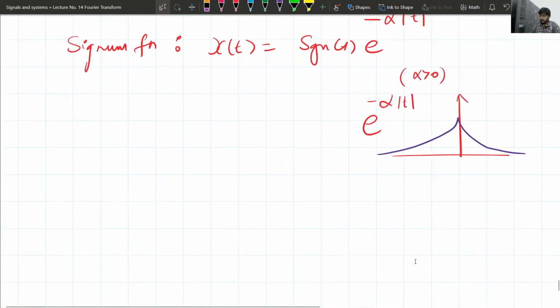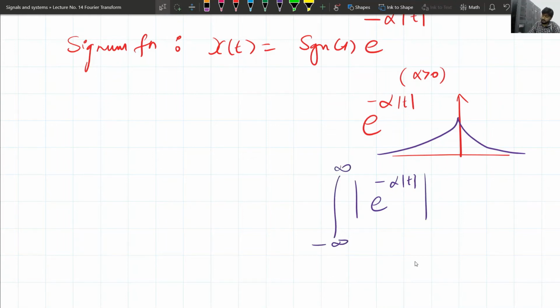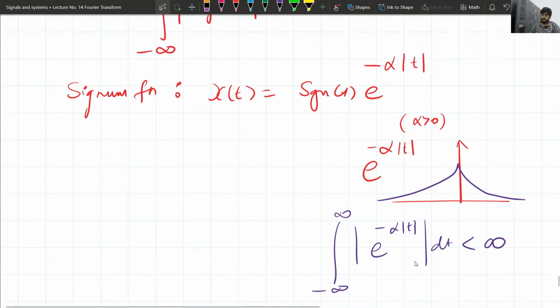That means if you find the integration of mod of e to the power minus alpha mod of t, its absolute integration is finite. This will cause this signum function to become finite. What we are doing, we are approximating the signum function so that it follows the Dirichlet conditions.